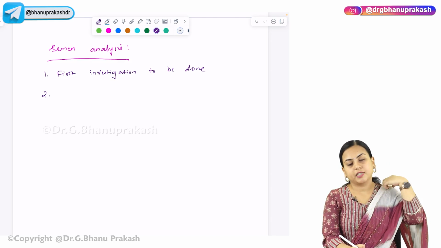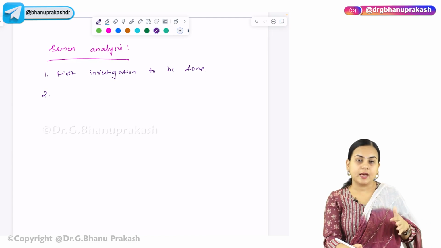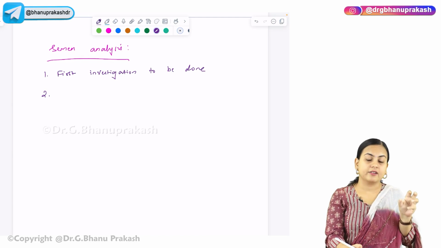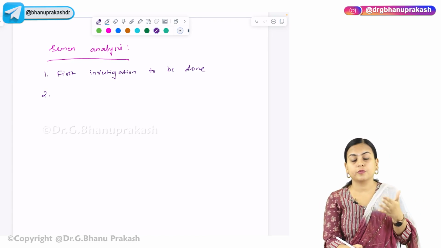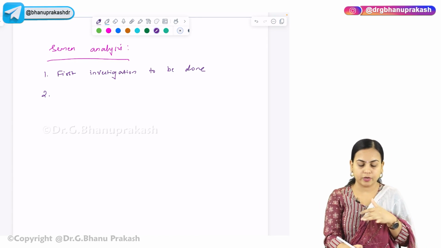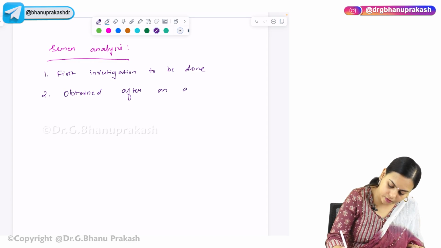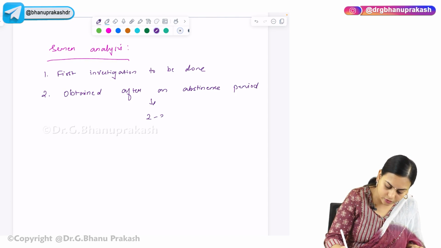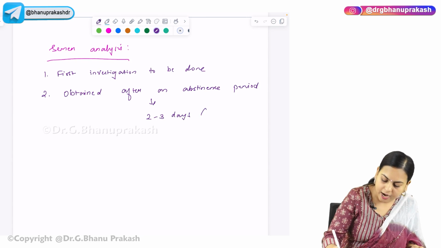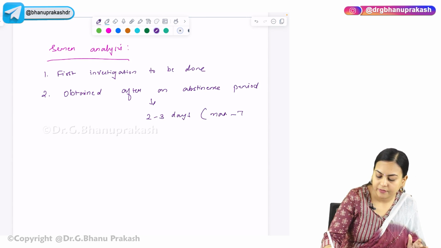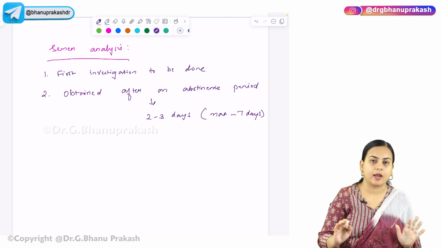You have to obtain a sample of semen after an abstinence period, and remember the abstinence period shouldn't be too short or too long. Okay. Say we can roughly keep it around 2 to 3 days, and a maximum of 7 days of abstinence can be allowed.